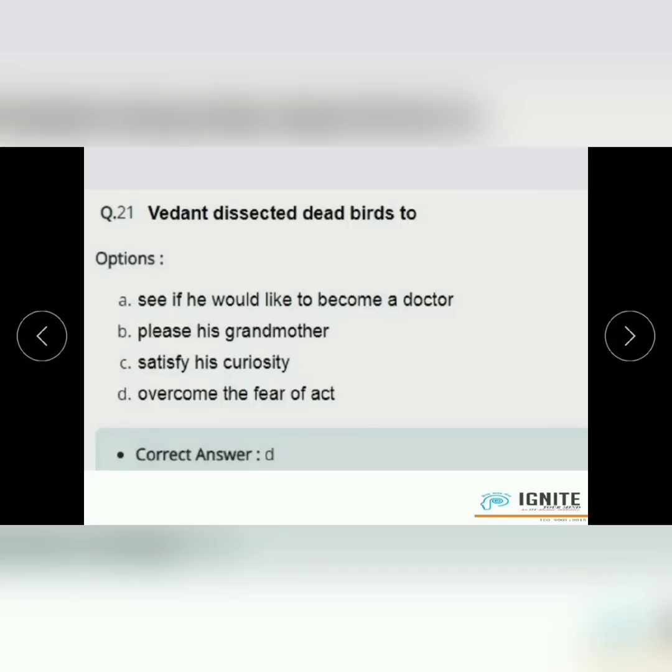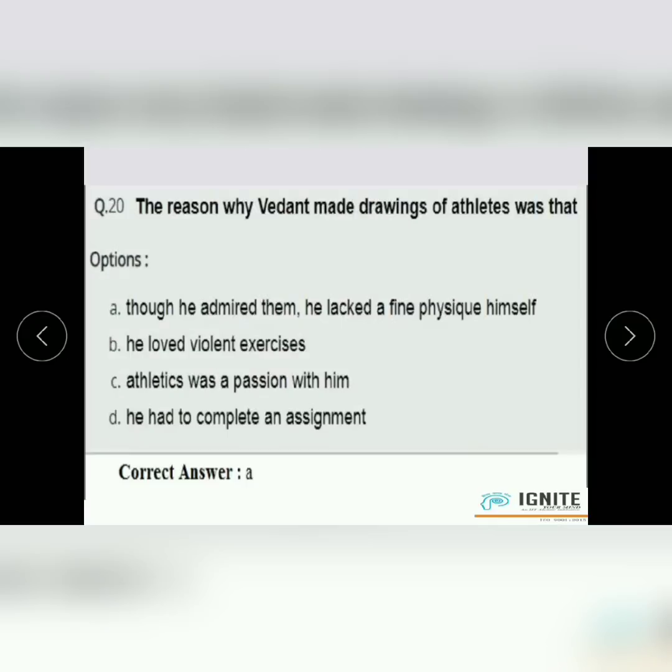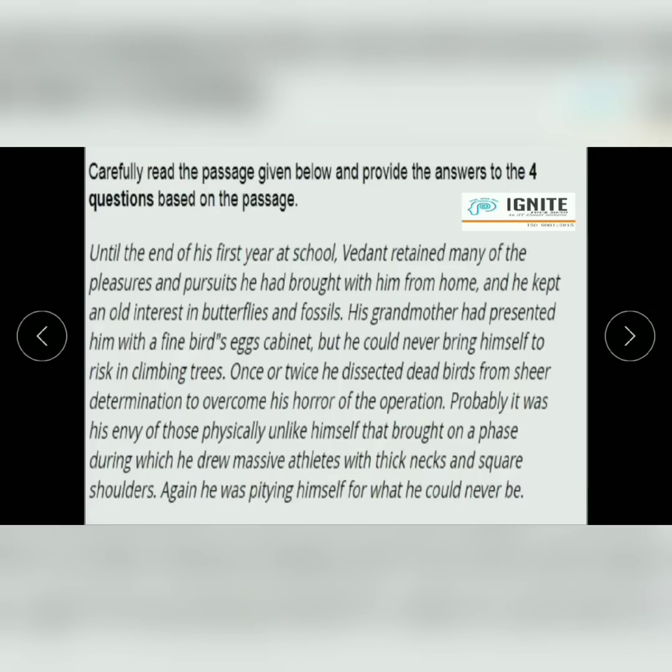Okay. Next question: Vedant dissected dead birds too. Options are: to see if he would like to become a doctor, to please his grandmother, to satisfy his curiosity, to overcome the fear of the act.